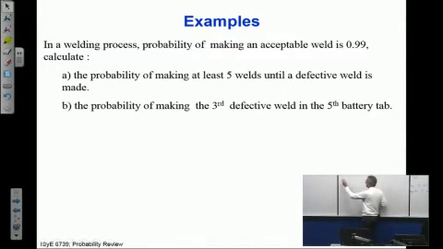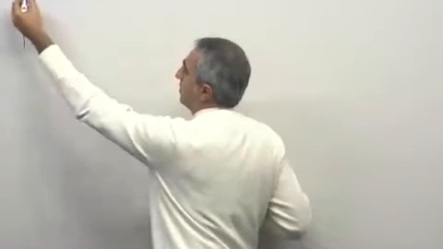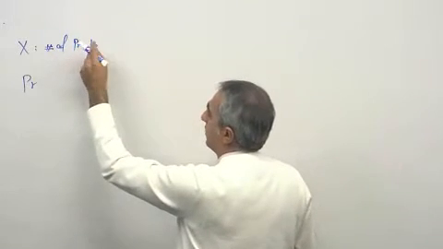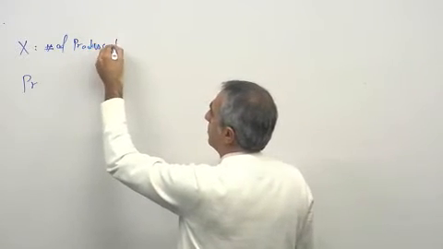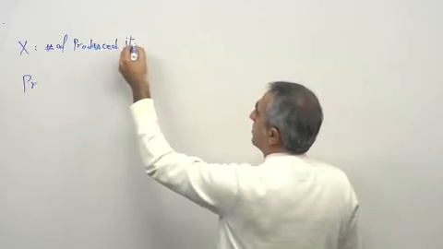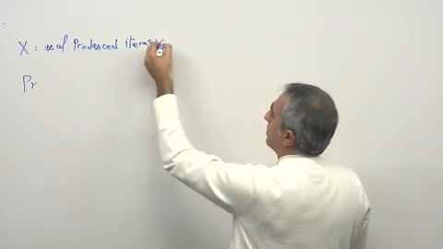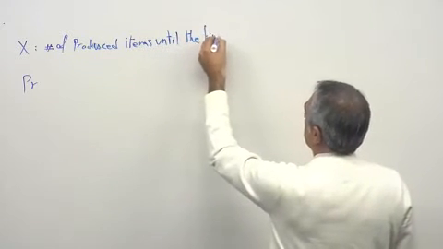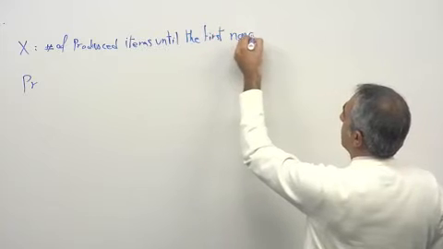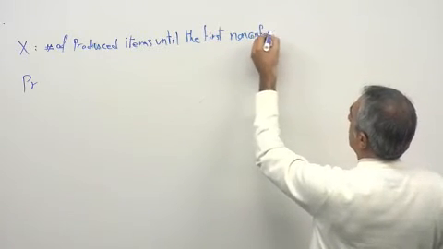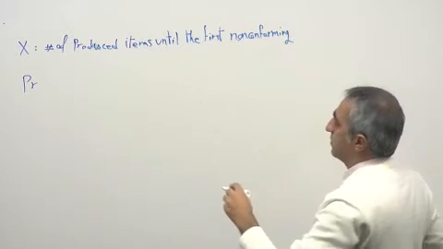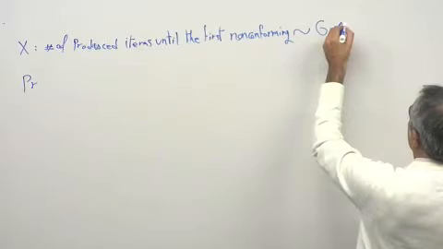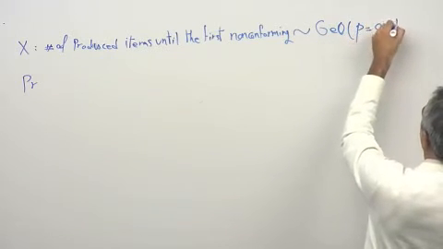failed weld is produced. So X is the number of manufactured items until the first non-conforming, so X follows a geometric distribution with P equal to 0.01.